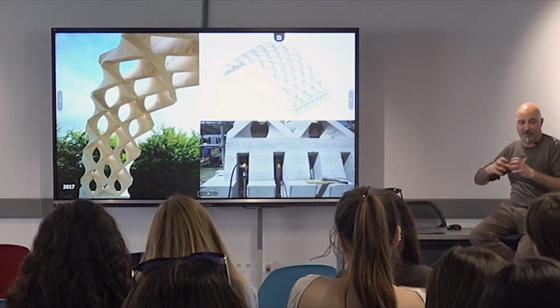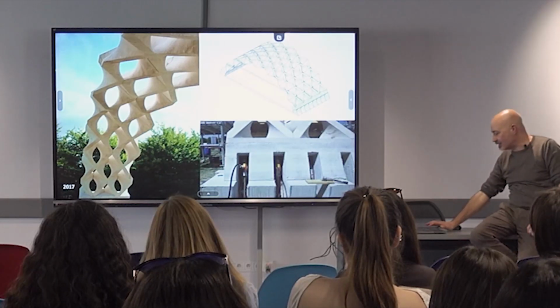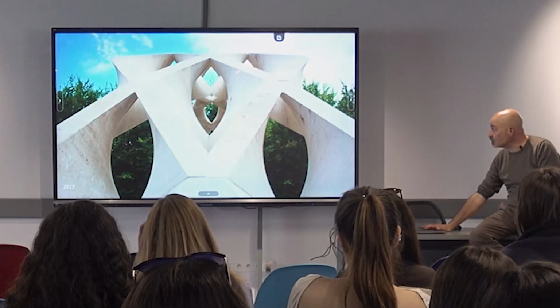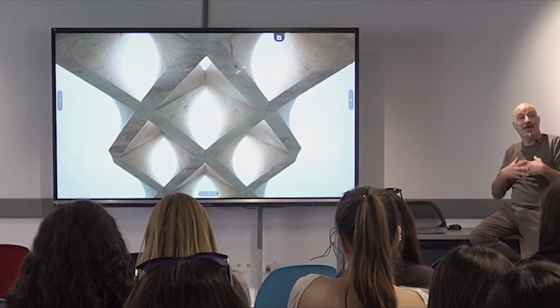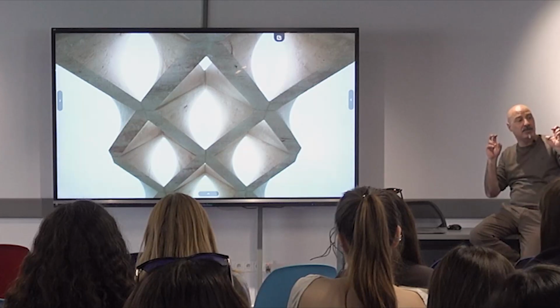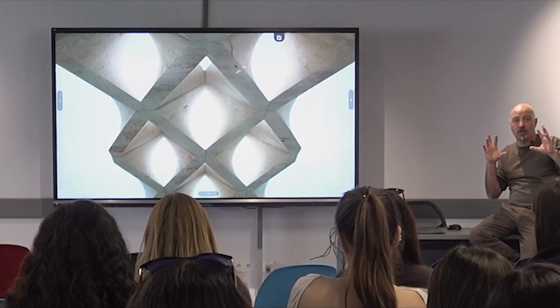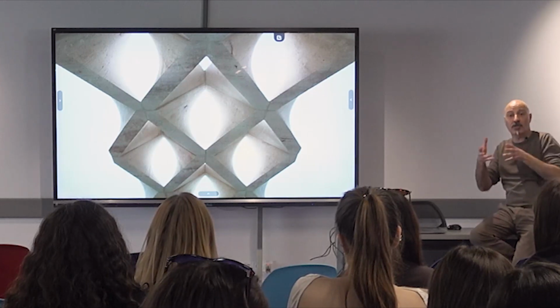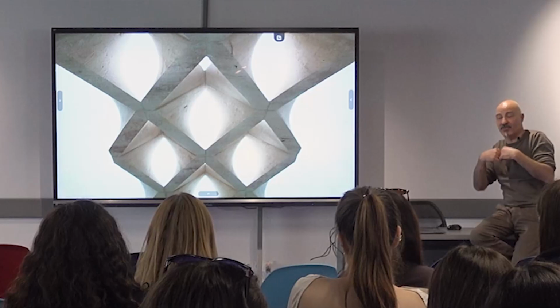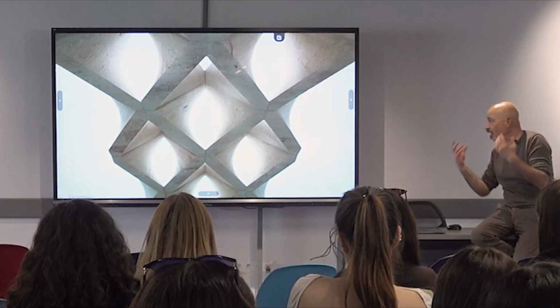So you can make the system stronger using the post-tensioning. Here you can see the light inside. So stereotomic constructions are paradoxically a paradox because they use hard material in order to make something light, something very aerial.